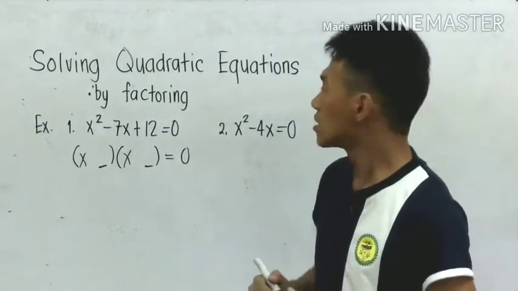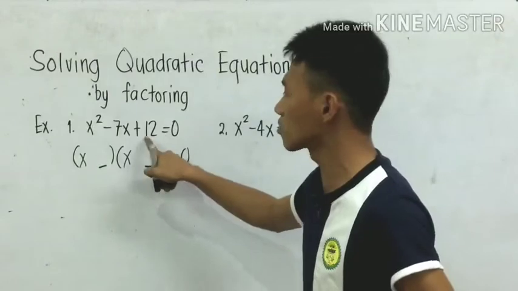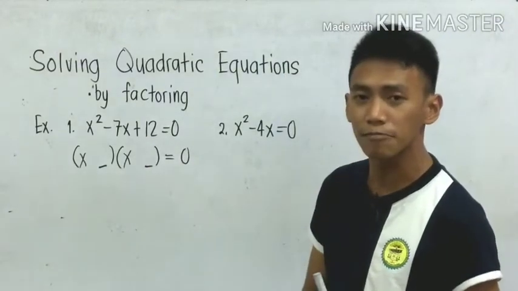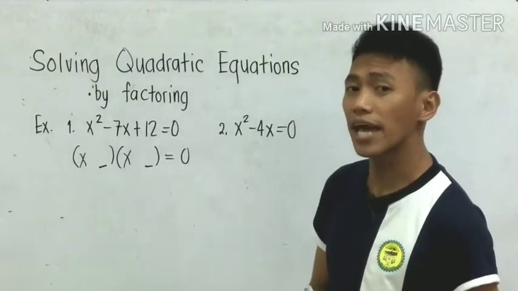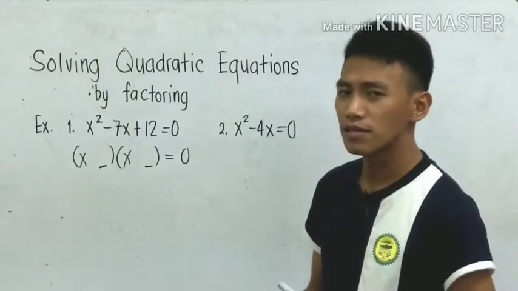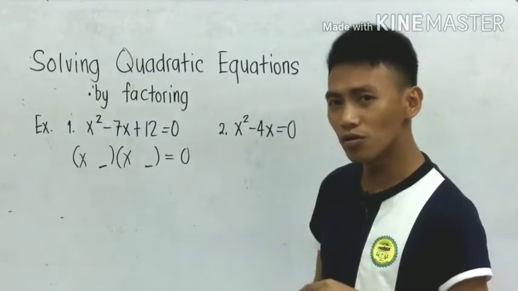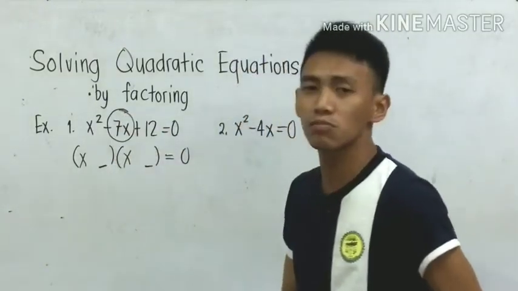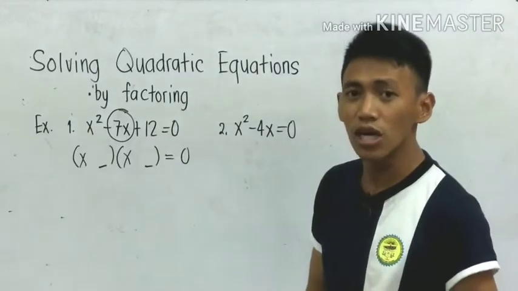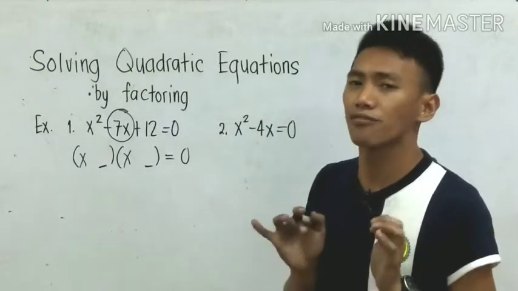Nakuha? So, unsa may factors diha sa imong 12 nga pwede nato mabutang? 1 of 12? Pwede. Pero, tan-aw na to kung inig-solve na to, ang b ba diri is pareha sa atong equation. So, we need to check first.